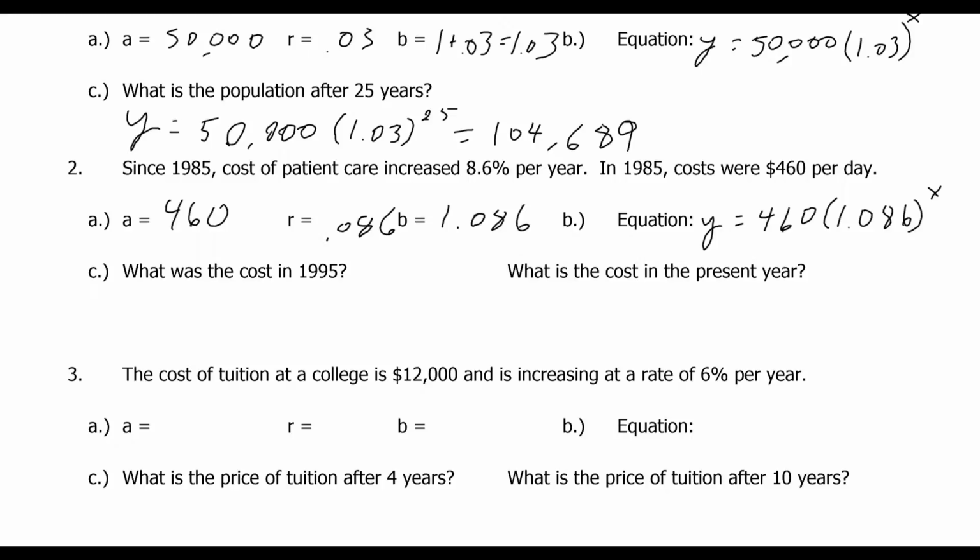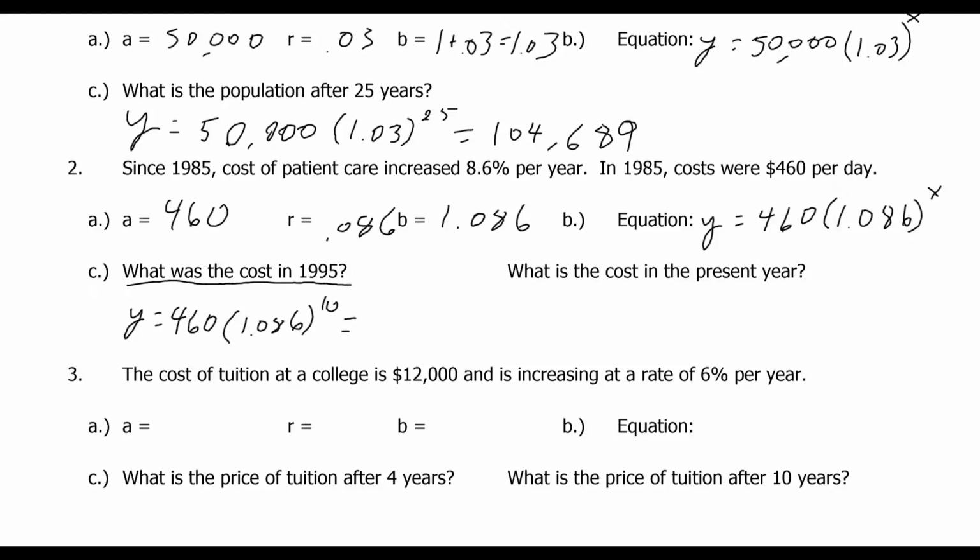All right, now it asks, what is the cost in 1995? Well, 1995 is 10 years after 1985. So, what we're going to say is that y equals 460 on the outside of 1.086 raised to the 10th power.